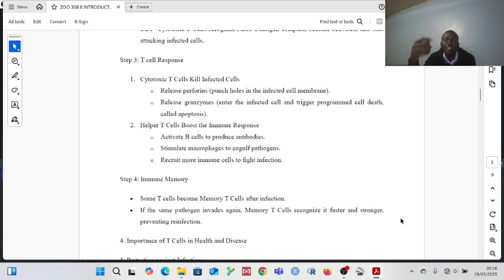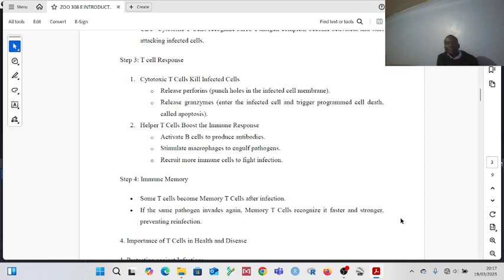Then now step 4 is the immune memory. This is where now we have the memory T cells. So some of those T cells will then now convert and become memory T cells after the infection. So these memory T cells are the ones which will now be used in case the same pathogen invades or attacks you again.